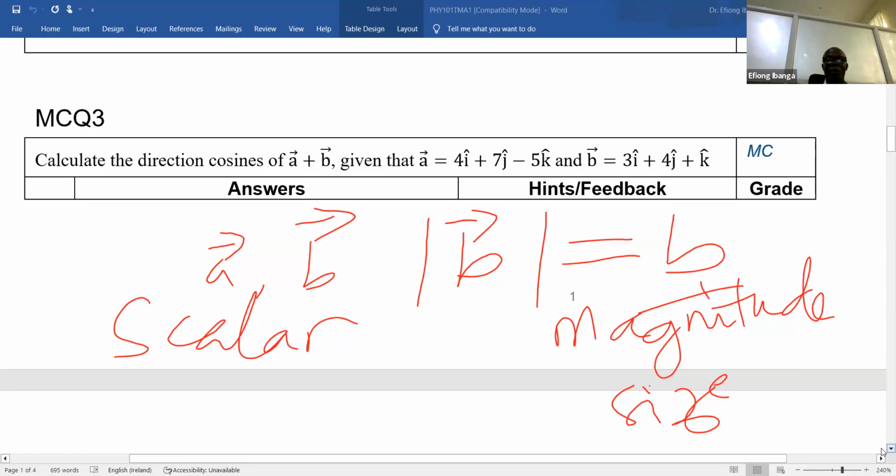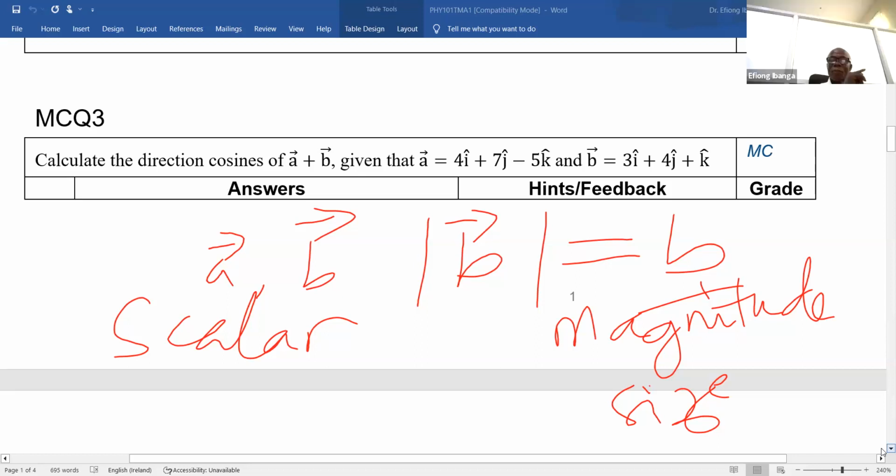No direction. But if I'm going to talk about the direction of a force, okay, I'm saying a tugboat is being pulled by a force of 2,000 newtons at an angle of 30 degrees above the horizontal. Can you see now? So it means that I have given the magnitude of the force, the direction also. Two numbers.